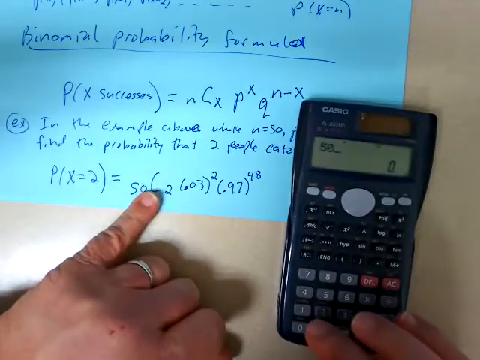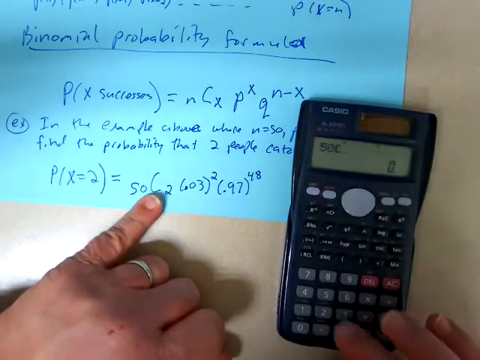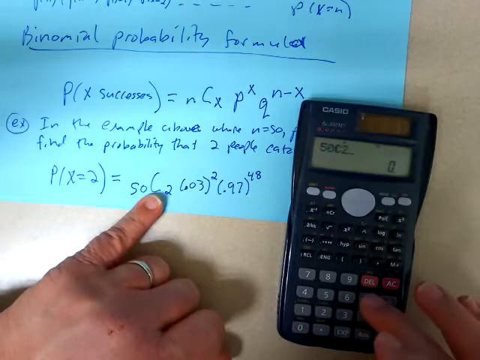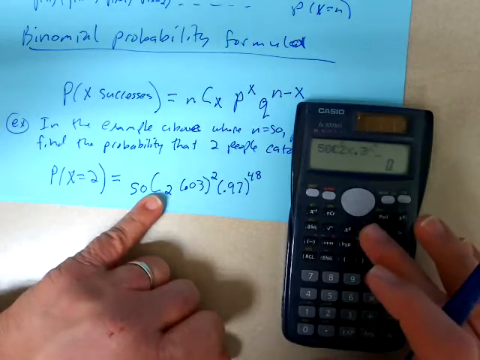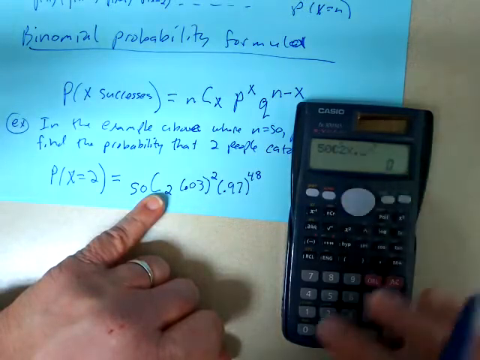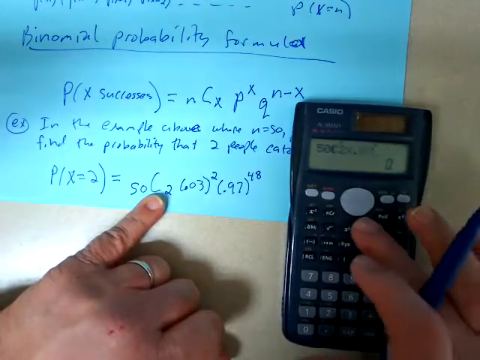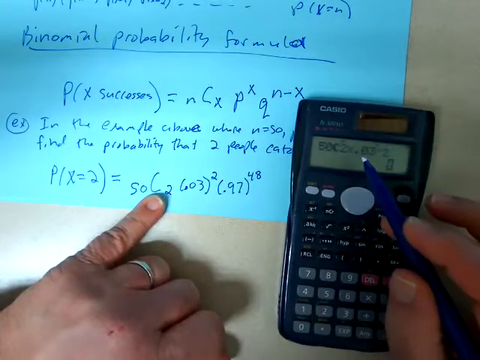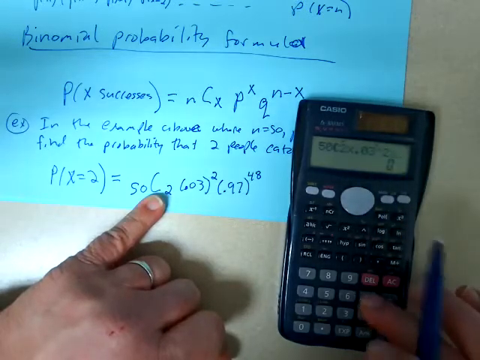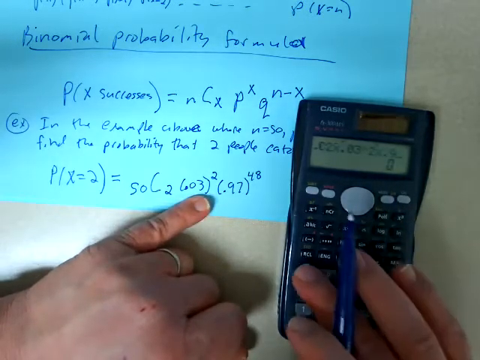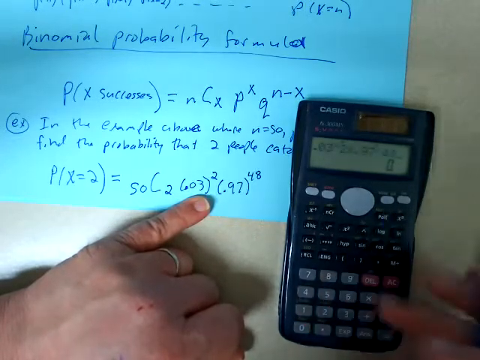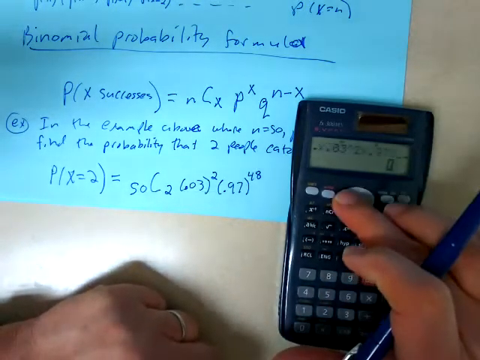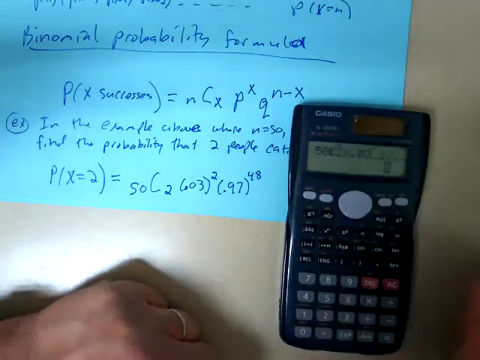Out of 50, choose 2 times the probability of a success, 0.03 raised to the number of successes, 2. Then I'm going to multiply that by the probability of a failure, 0.97, raised to the number of failures. And notice I put all that in at once, just like that.